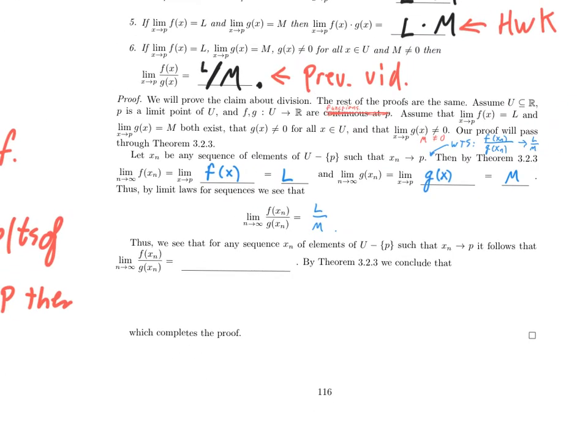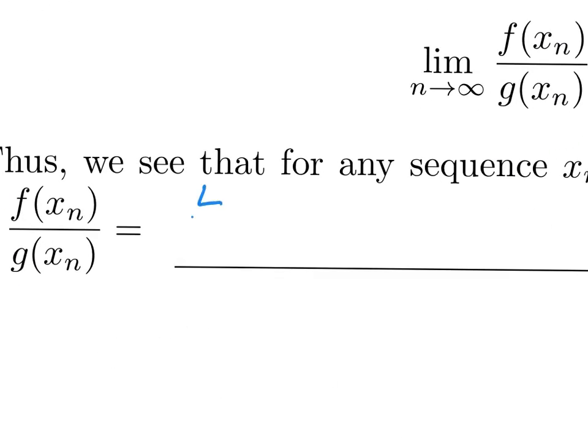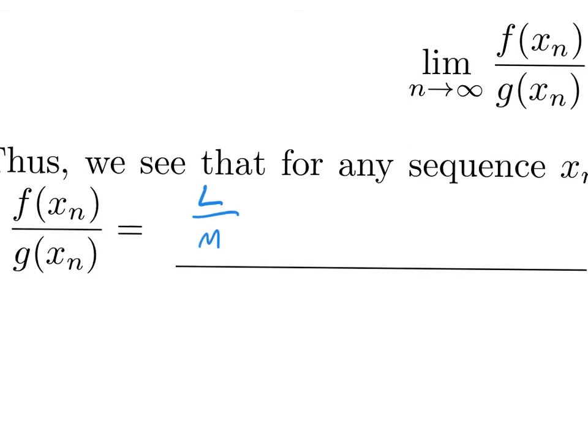And now let's just summarize. We considered any sequence x_n of elements of U minus p which satisfies that x_n converges to p. We showed that the limit as n goes to infinity of f of x_n divided by g of x_n is L divided by m.